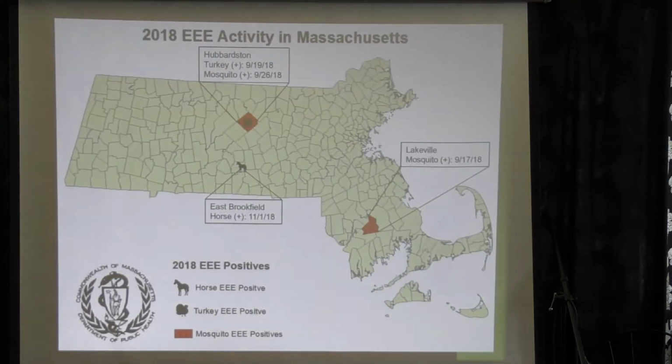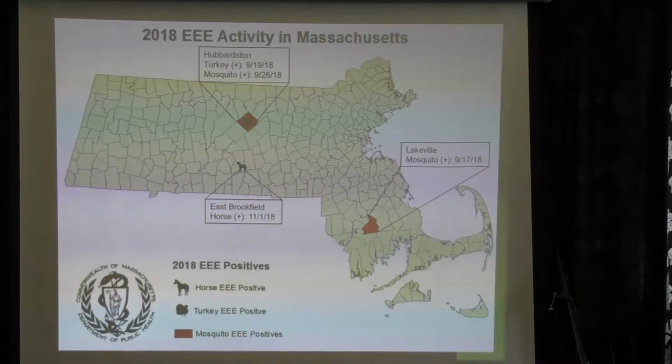Okay, so here's Triple E activity in Massachusetts in 2018. The main thing to take away from this is there's very little on the map, right? For the past few years, we've had a dearth of Triple E activity. We're not even finding very many mosquitoes that have it in their blood, which is fine with us for now. The last big outbreak of Triple E was back in 2012.